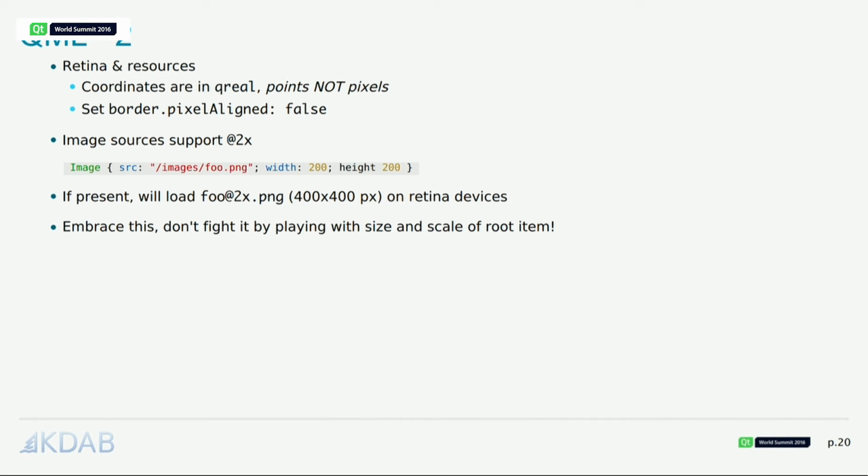That's the way it does it, and there's @3x for the biggest iPhones that you get now. It's best to embrace this, and it's actually the way that high-res support for images works on most of the systems now, through Qt.